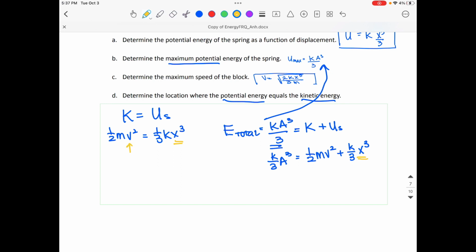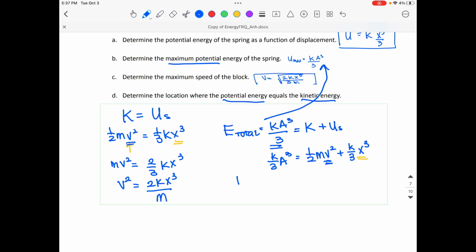You can either set both equations equal to velocity and then equal to each other, but since they're pretty complex equations, I'm going to solve this equation for velocity and then plug it into this velocity. So mv squared is equal to, I multiply the 2 over, 2/3 kx cubed, divide by my mass, so v squared is equal to 2kx cubed over 3m. And I'm not going to take the square root because I need the v squared here.